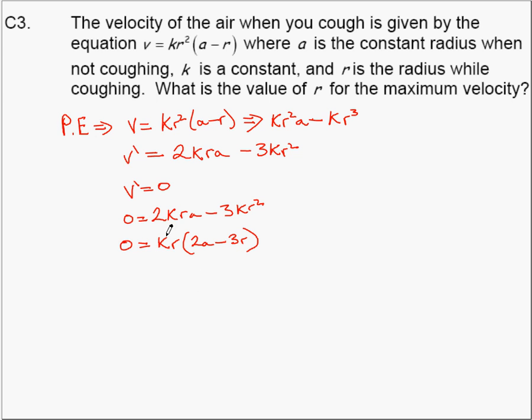Since the product of these equals 0, then either r equals 0 or 2a minus 3r equals 0, which means that r equals 2a over 3. So there are the values for r that give a maximum velocity.